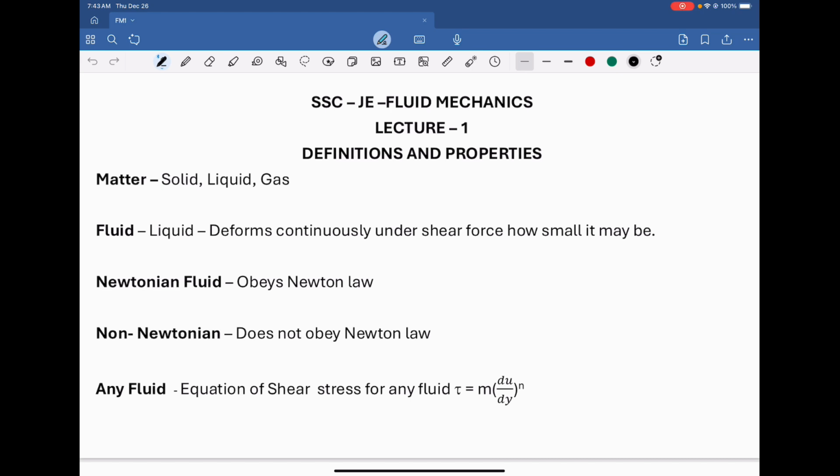It covers the total syllabus of civil and mechanical engineers JE, SSC examination, and these lectures can also be referred by GATE aspirants.